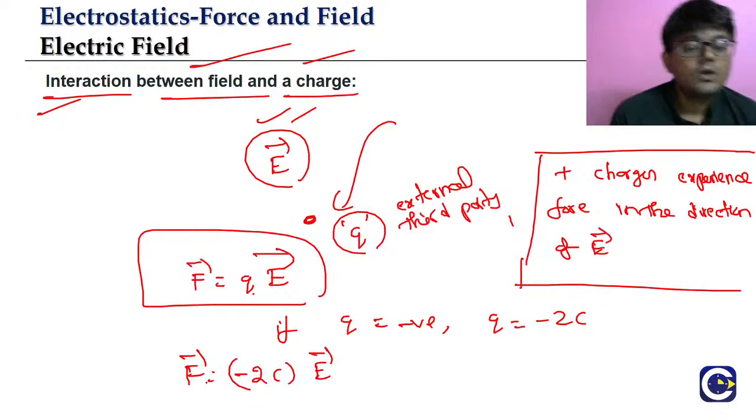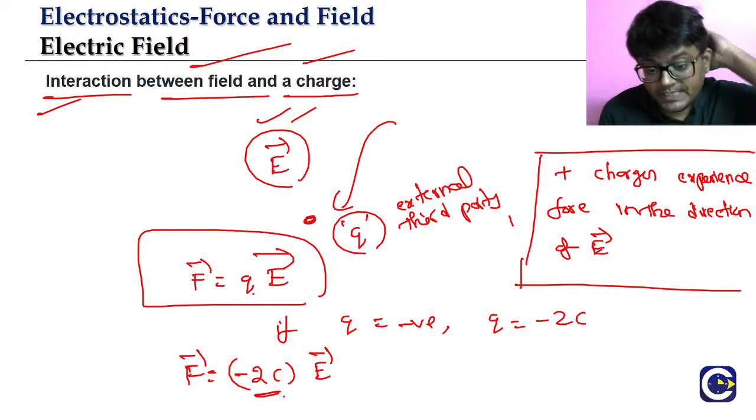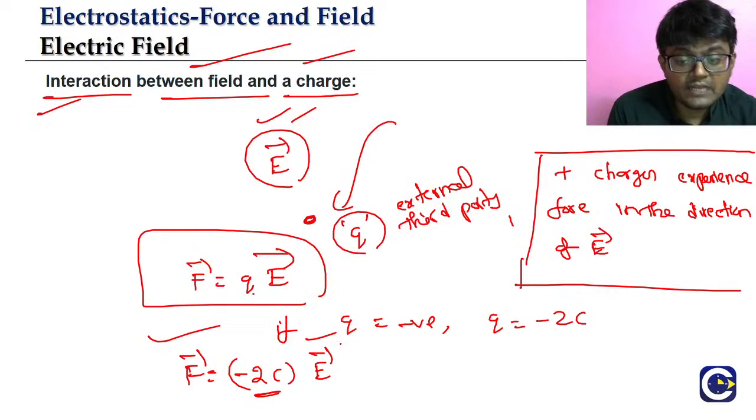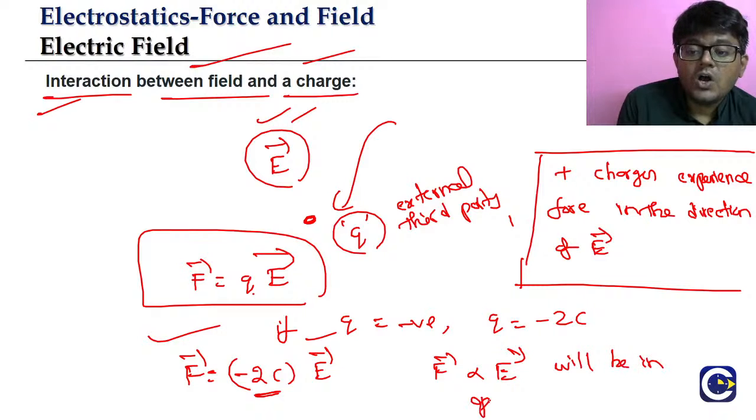இங்க பாருங்க, force is equal to some negative number into electric field, means what? The force vector and electric field vector, F bar and E bar, will be in opposite directions. What it means?